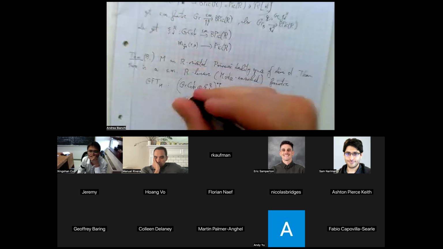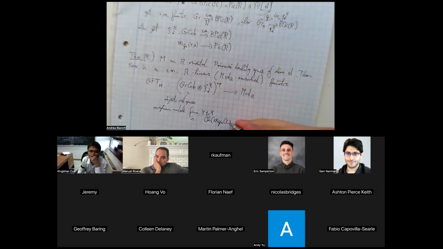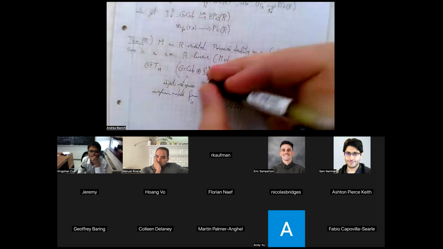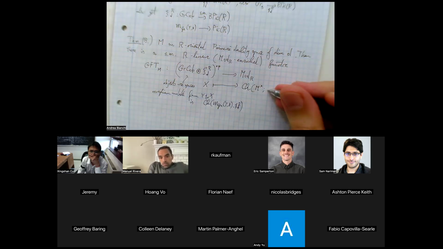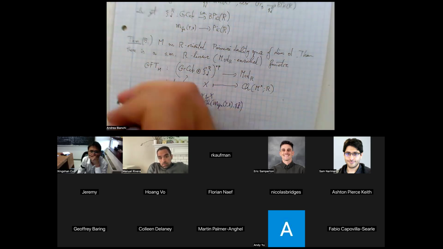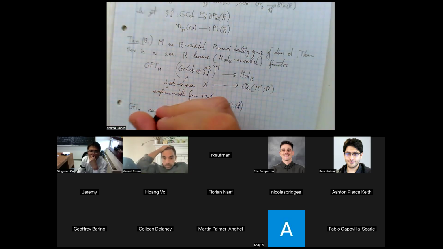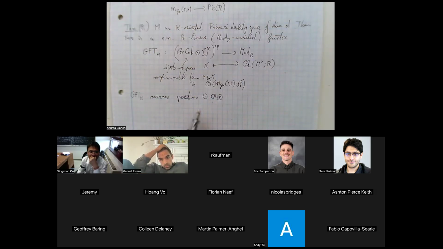So basically, here objects are spaces, and the morphism module from Y to X is chains on M_GR(Y,X) with this coefficient in psi dR. And what this functor will do is send the space X to chains on M to the X, and GFT_M recovers operations, the basic operations 1, 2, 3, when you evaluate them on very basic graph cobordisms.